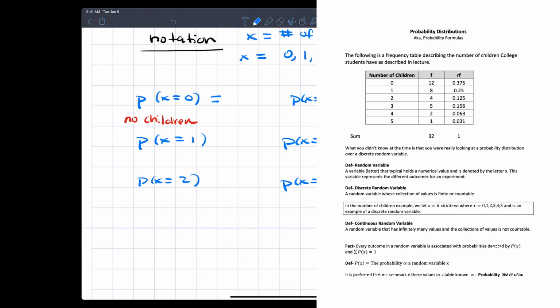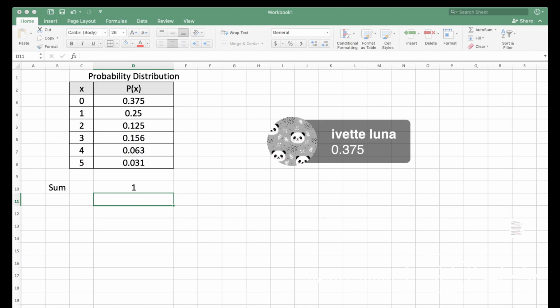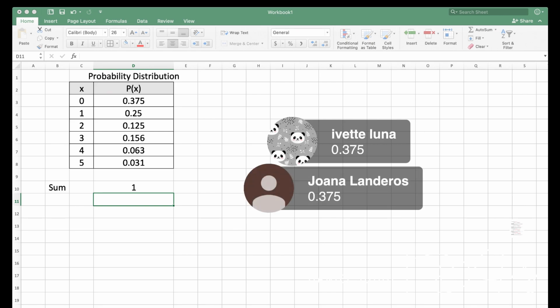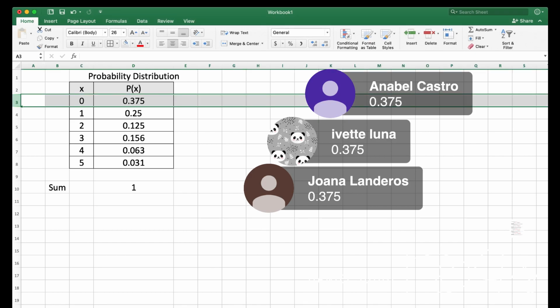We can look at this, or we can look at Microsoft Excel, either one. We got Yvette. We got Joanna. We got Annabelle. Good. If you read the rows, you see this? This is a distribution table.